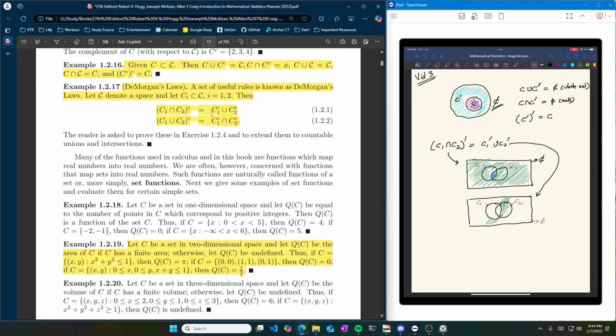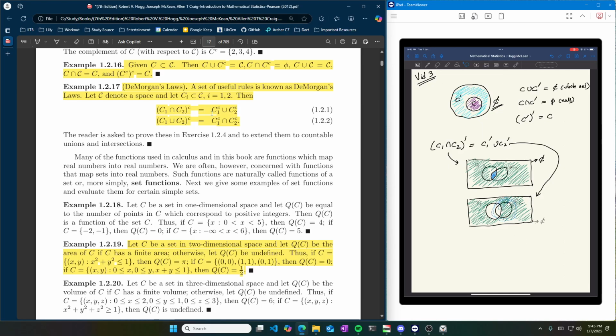C1 is this, so everything outside of it is C1 complement, right? Whatever is here, the whole space. And what is going to be C2 complement? C2 is this one, right?